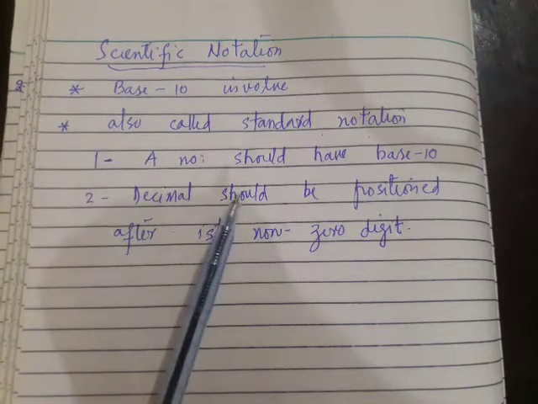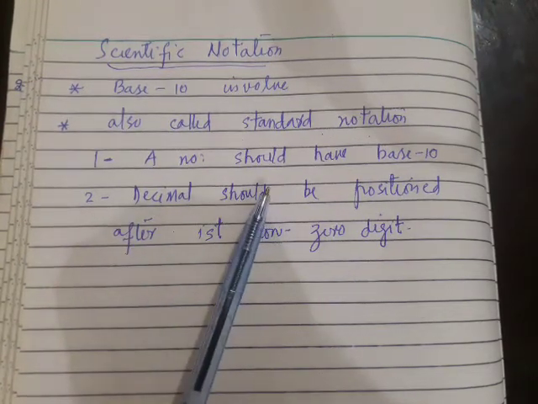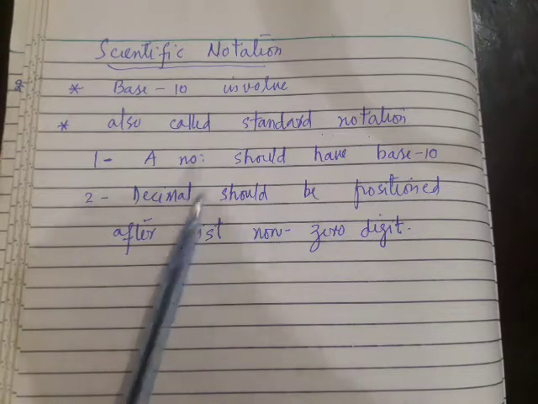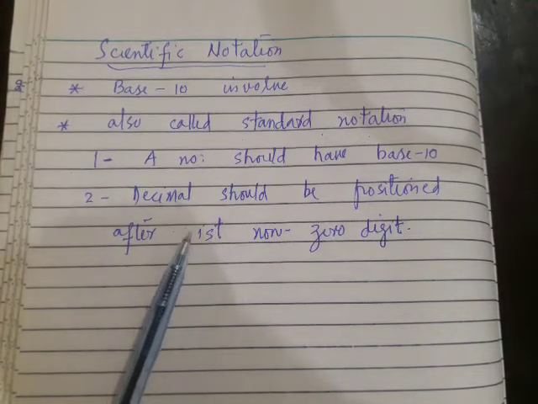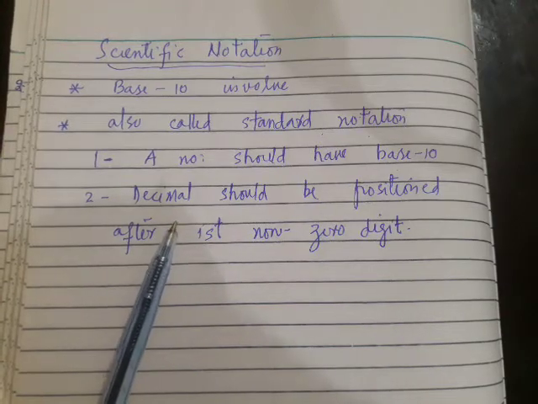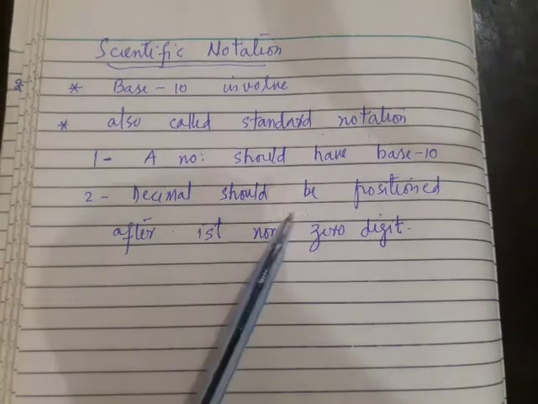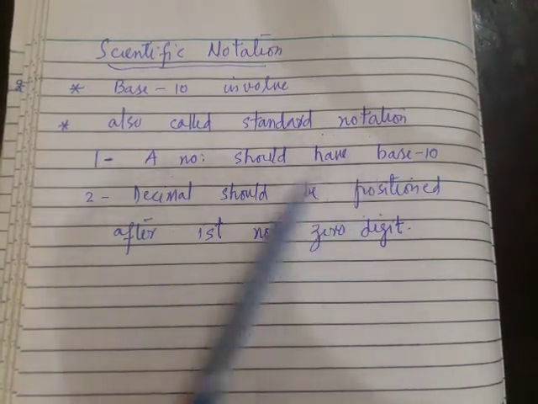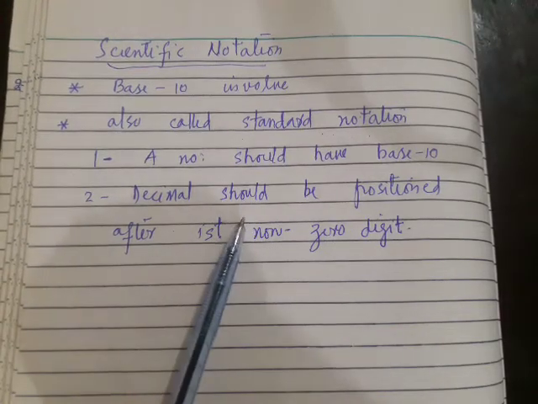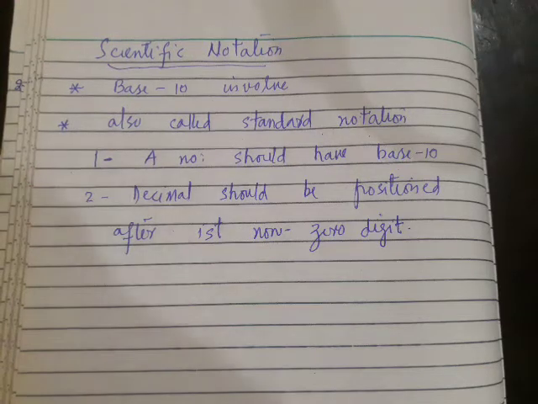Now, how would we identify if a number is in scientific notation or in standard notation? If a number fulfills two conditions, we call it a scientific notation. Number one, a number should have base 10. Second, the decimal should be positioned after the first non-zero digit.